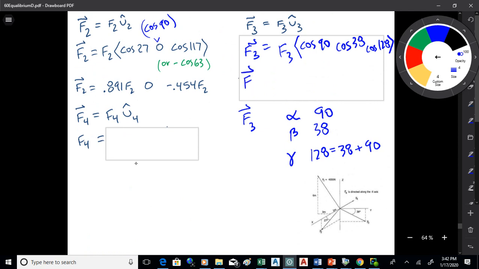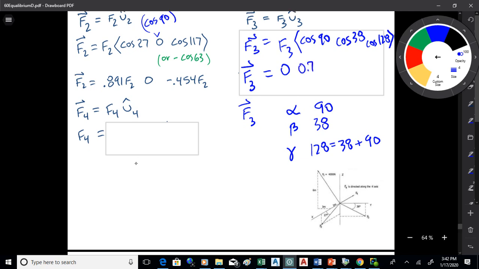And then from that, you can get F3. And, yeah, okay, so we've got 0.788 times F3, and then we got 128. Take the cosine of that, it's negative 0.616. So that's F3, okay?